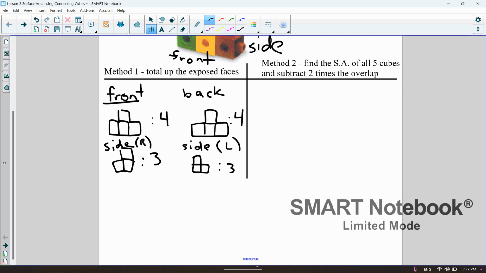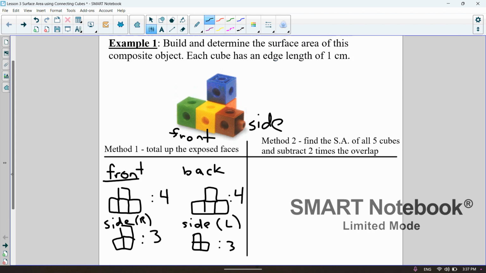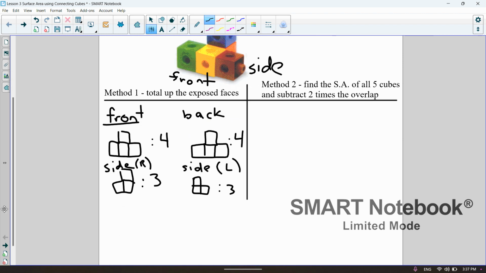And then the last ones that we haven't considered are the top and the bottom view. So the top view is going to look like this. Yours might be a different orientation than mine, but either way, it would make up 4 surfaces.